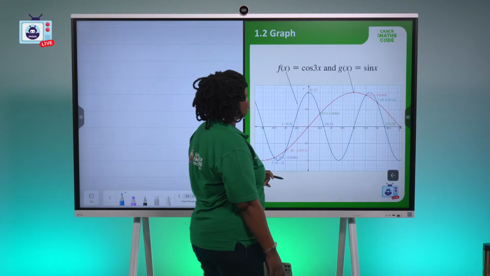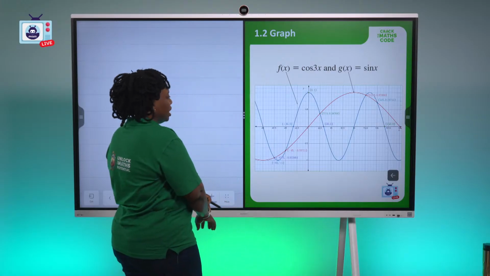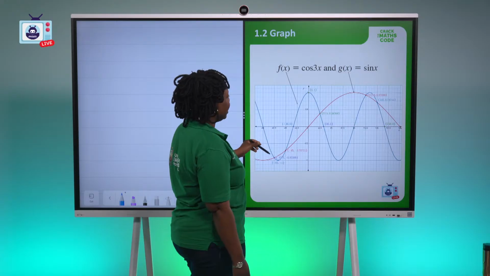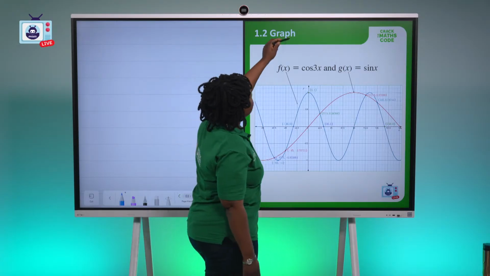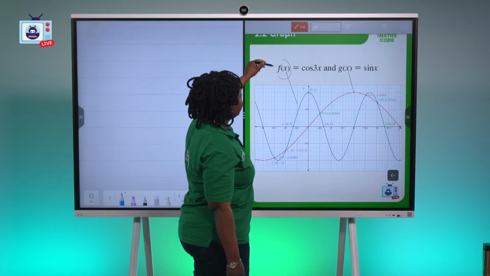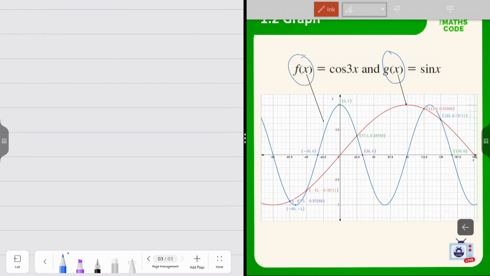I decided to pre-draw the graph so that we can talk to it all together. If you check this graphically, as we talked about initially, where f of x and g of x are equal, meaning they intersect, those are the values we're looking for. Let's use a highlighter.